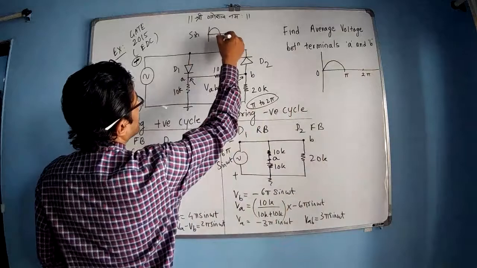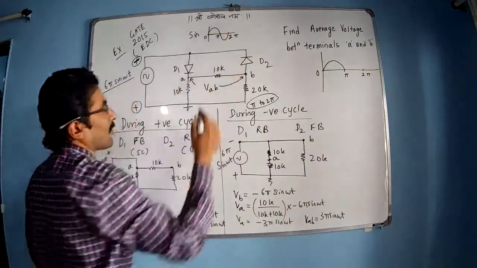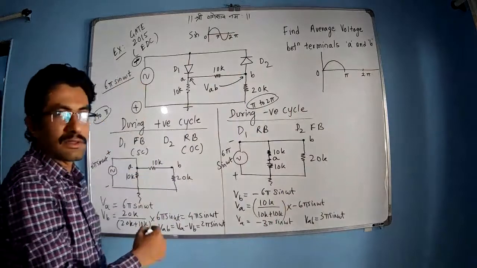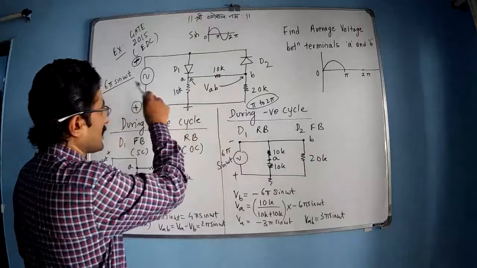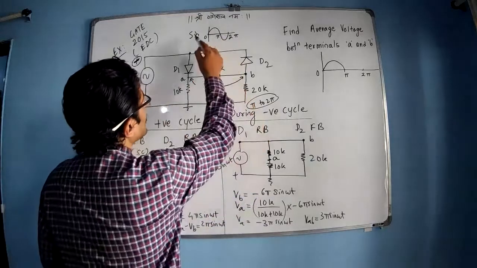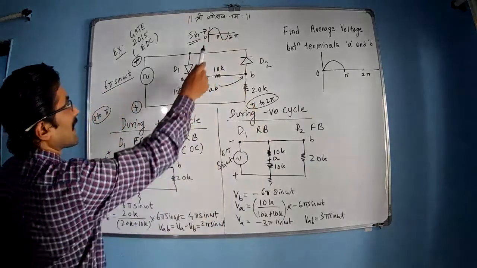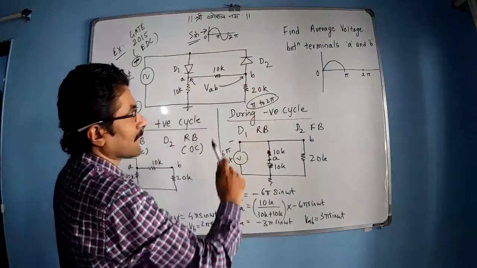The basic sine wave is in this form, and cos will be reversed. If they had mentioned cos, then you would have to take the reverse way. So according to the input signal, you have to consider these cycles. For sine, 0 to π is the positive half cycle and π to 2π is the negative half cycle.